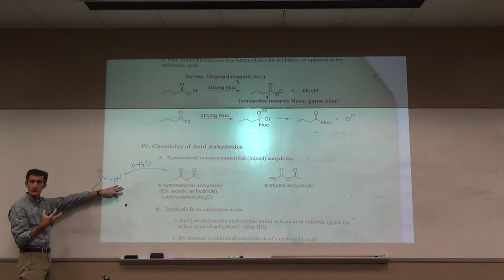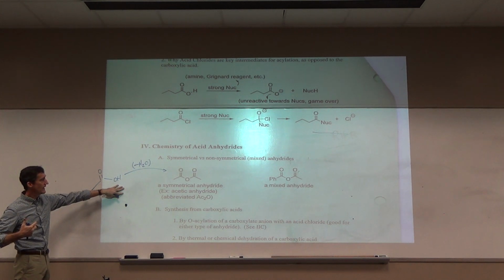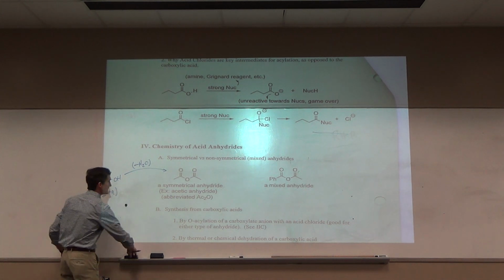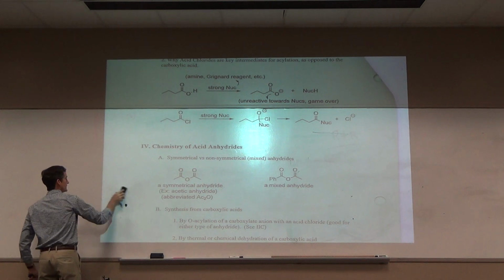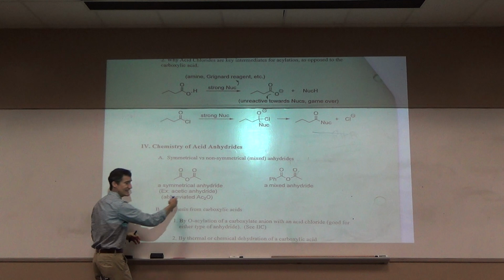The acid self-reacts and eliminates water. When you eliminate water, you're dehydrating it. Okay, it's called an anhydride, and that's where the name comes from. We'll look at the exact chemistry below. Acetic acid, the anhydride is called acetic anhydride.